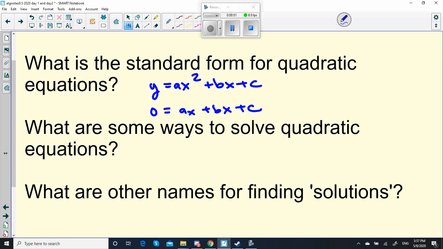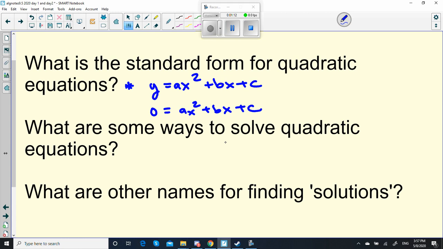If we have to solve it in any way, we're going to either need to use the quadratic formula or square roots. We usually change that to a 0 if it's a square root kind of thing. Either of those work for standard form, but really the y is more correct.